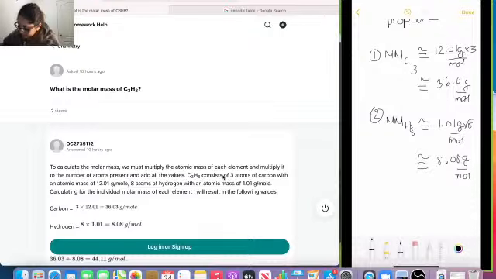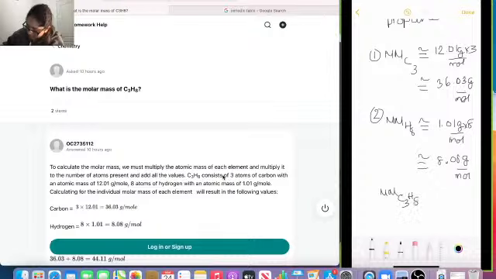The carbon value is supposed to be 36.03 grams per mole.